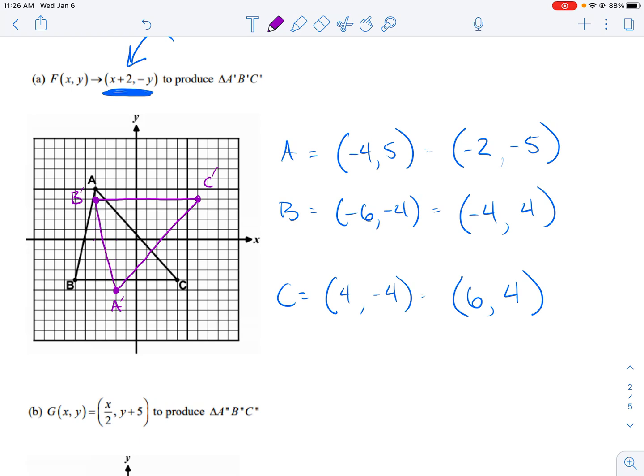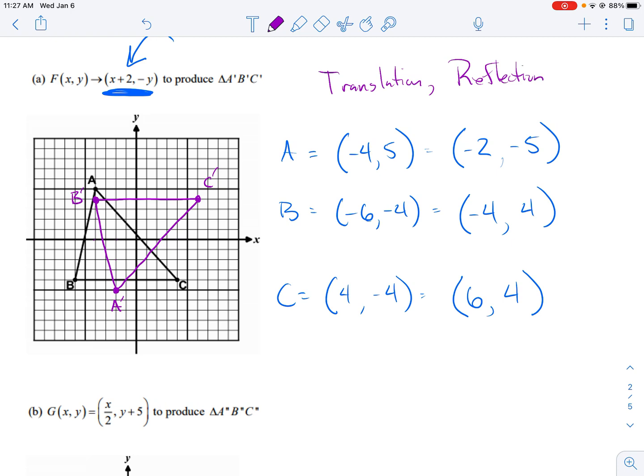Okay, and there is our new triangle based off of that transformation. This is what we call a, well, I wouldn't want to call it just a translation, because as you can see, those A, B, and C values got flipped over the x-axis. So I would say this is a translation and a reflection.